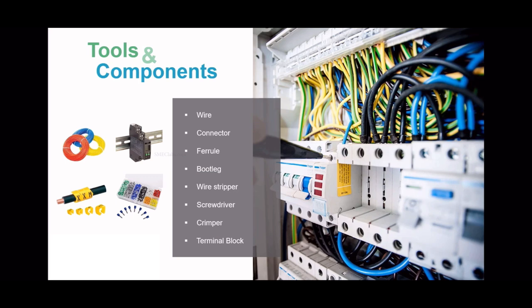You can see the terminal blocks are basically connectors. You can look into the video and see the terminal blocks there. That means terminal blocks are connected singly, and using a bus bar they will be shorted to form a connected way. These are the main tools and components we use in the panel.